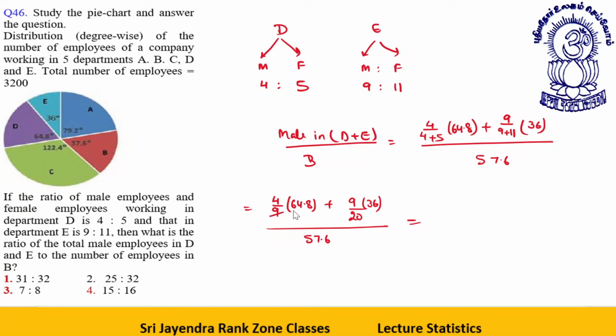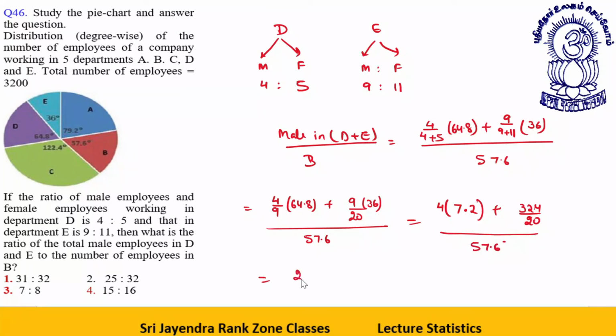So 9 can be cancelled with 64.8. 9 into 7 is 63, 1 carry 1.8, so this becomes 7.2 plus 9 into 36. 9 into 36 is 324 divided by 20. This can be easily calculated, divided by 57.6.